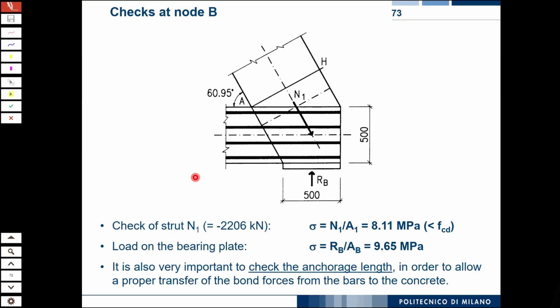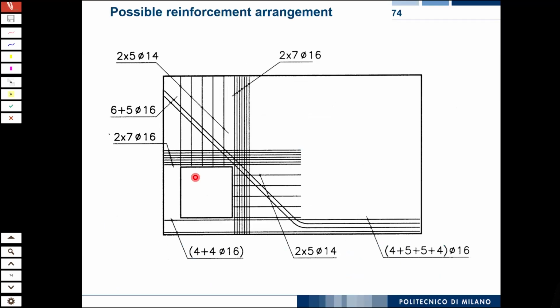See that the stress of I, and on how to reinforce, how they did it, the art of reinforcement.